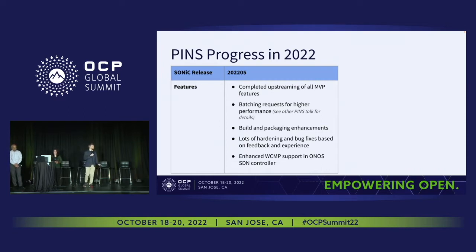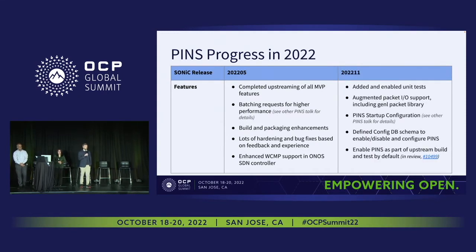We added a bunch of enhancements to build and packaging. We realized there were some bugs in the way that it worked in other environments, so we fixed those. And then we, in general, got a lot of feedback as users started to pick this up and try it out. And we worked a lot of the bug fixes and hardening based on that feedback into our system. And finally, we also updated ONOS to better support WCMP. And if you've been on the show floor, we've had a demo of that available for folks to take a look at.